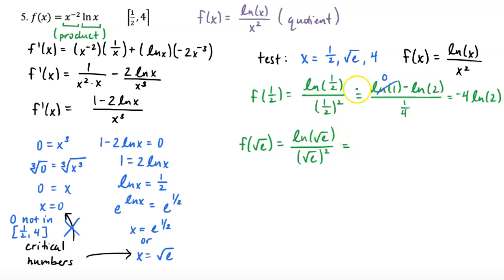And to more easily see that, I'm going to write this a little bit differently. Now the square root of e I know is e to the 1/2, so I'm going to write this as the natural log of e to the 1/2 power. My denominator, well, the square root of e squared is just e, which is nice.